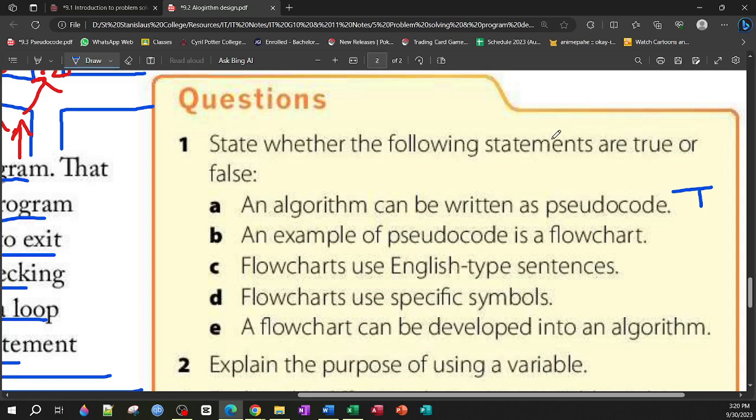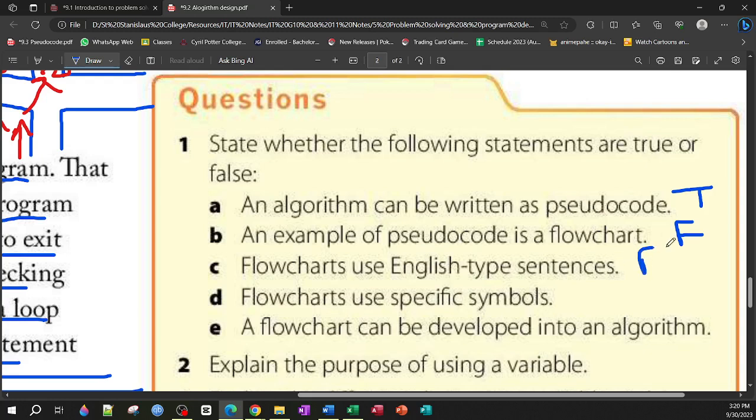False. False, sir. Right. Because it's an example of an algorithm, not a pseudocode. Good. C, flowcharts use English type statements, sentences. False.